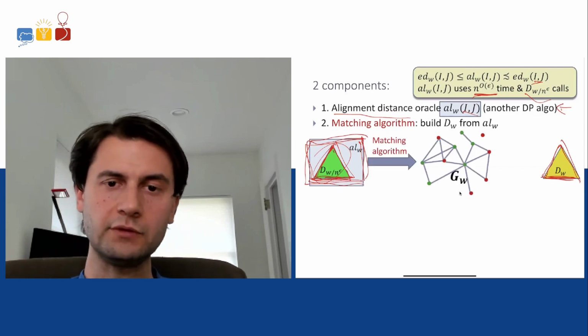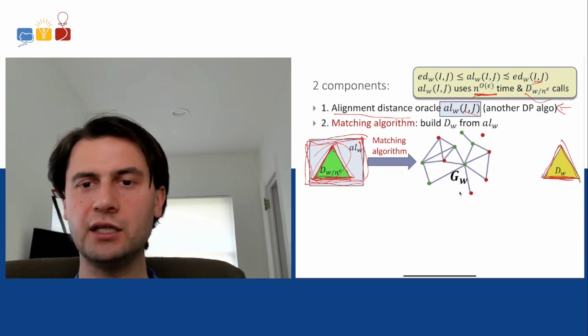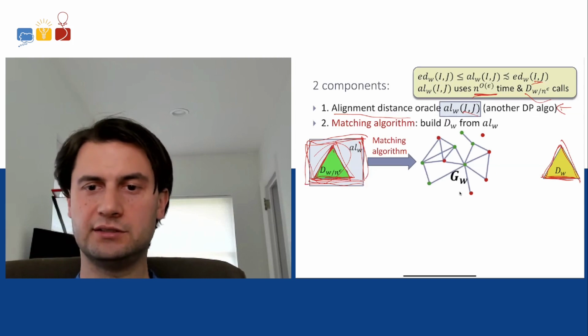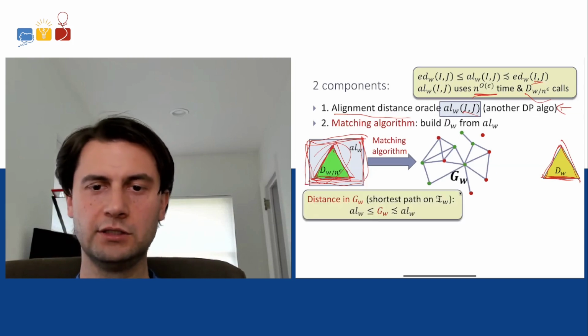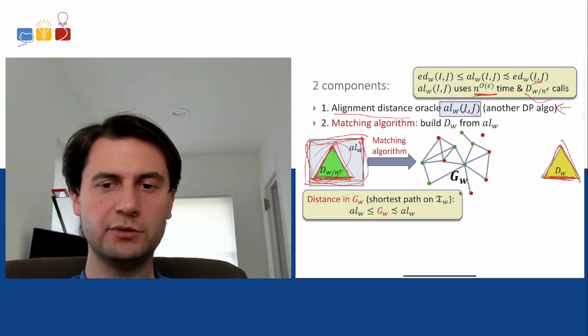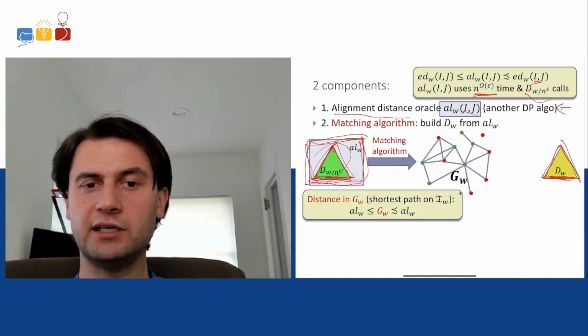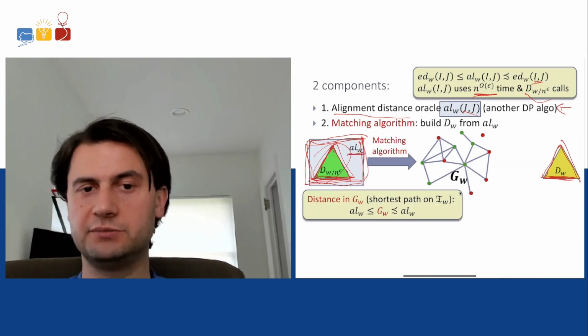So for this, we'll use something called the matching algorithm that builds a graph that approximates this alignment distance. I'll get to it more formally in a second. What does it mean for the graph to approximate this metric?